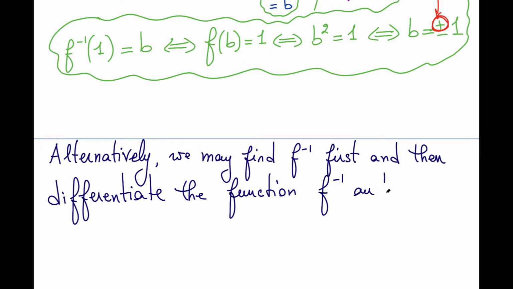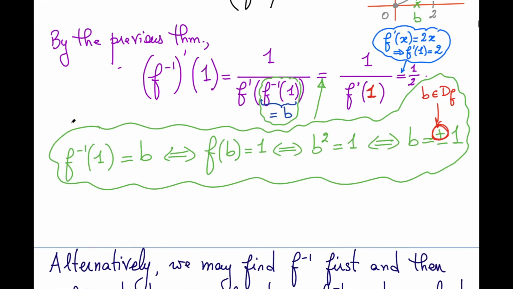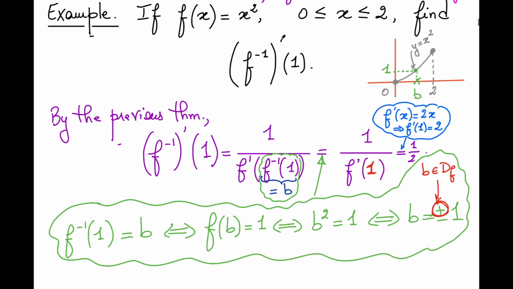And evaluate it at 1, because that's what we want. We want to find the derivative of the inverse function at 1. So what we're gonna do is find f inverse in the second approach. We're gonna find f inverse, differentiate it, and then evaluate it at 1.